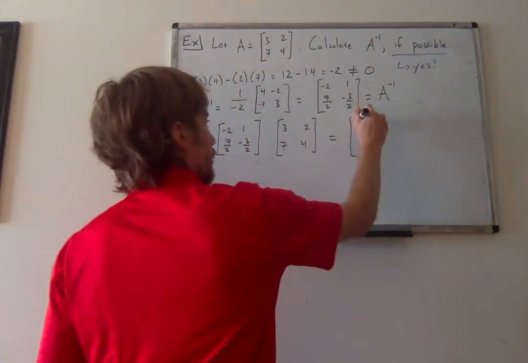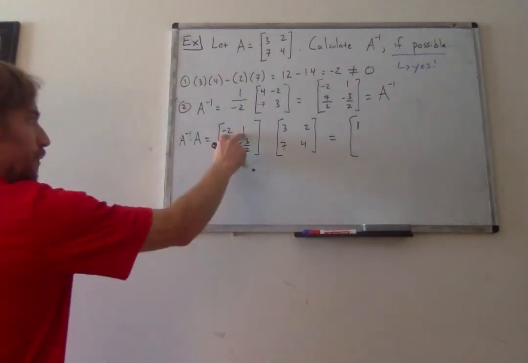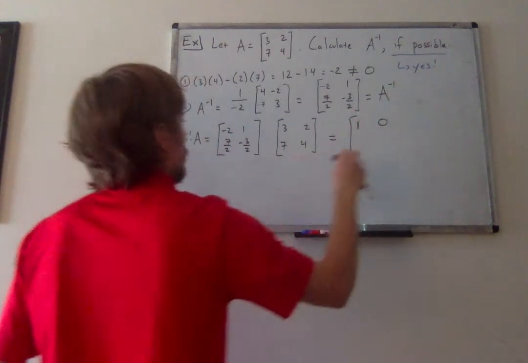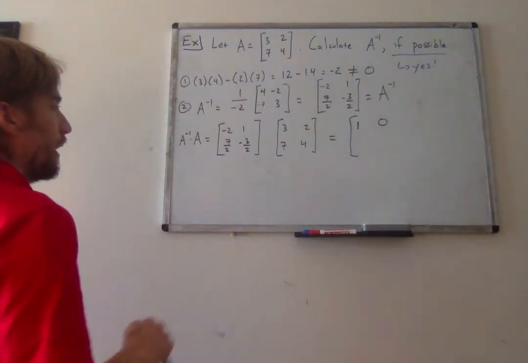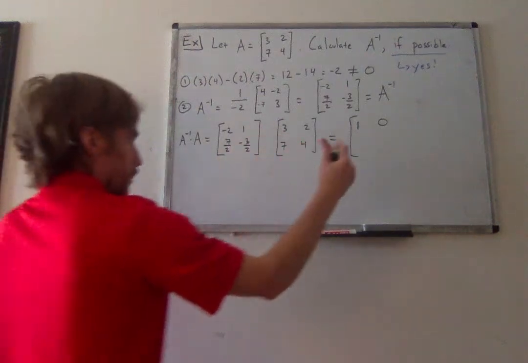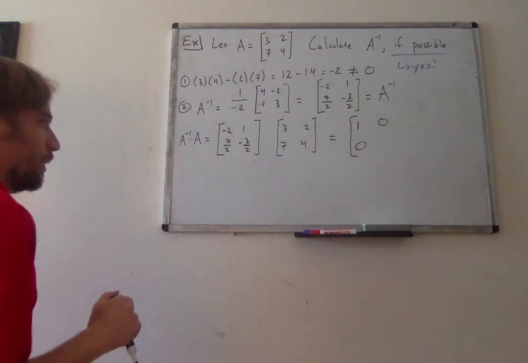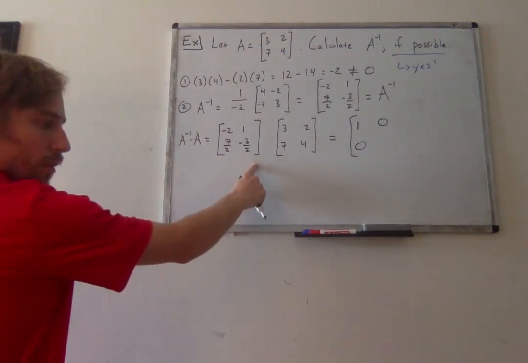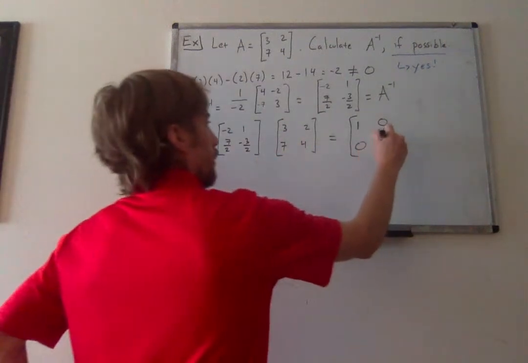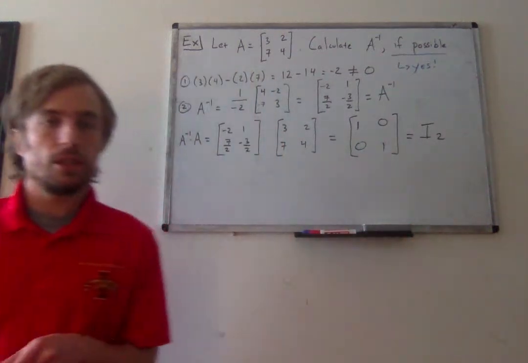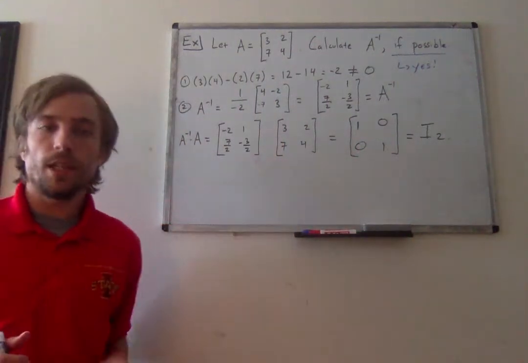Sure enough, that gives me 1. -2, 1 matched up with 2, 4. That's -4 plus 4. 7/2 and -3/2. So this is 21 over 2 minus 21 over 2. Very good. This would be 7 over 2 minus 4 times 3 over 2. And so sure enough, the theorem works. And this is the 2 by 2 identity matrix.